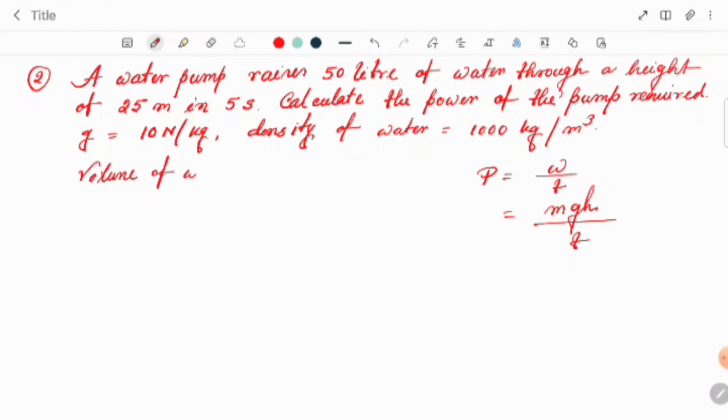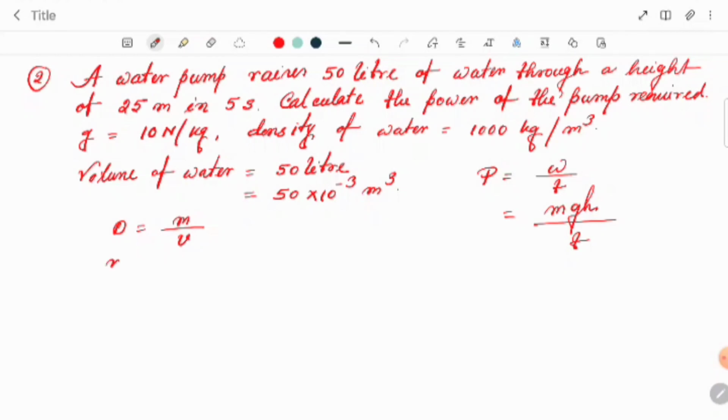Volume of water is given as 50 liter. 50 liter means we can say 50 into 10 to the power minus 3 meter cube. And we know that density equals mass per unit volume, right?